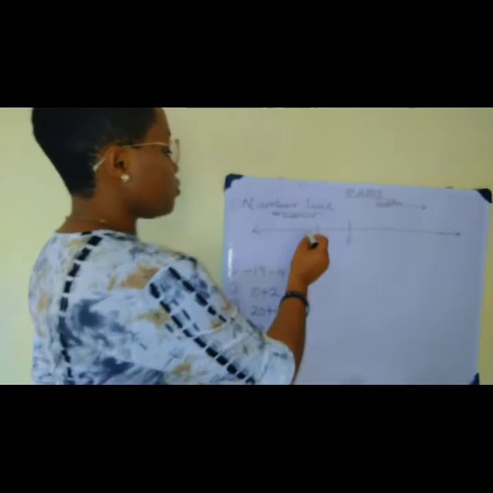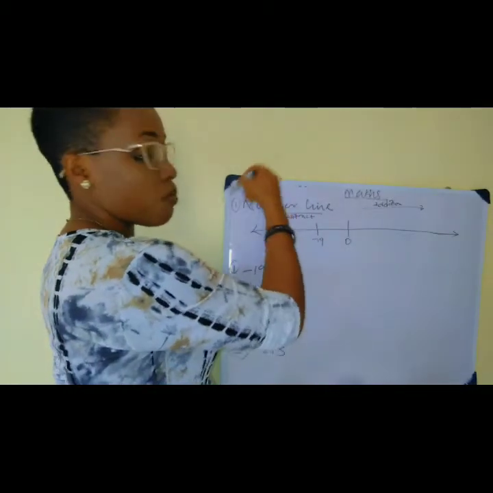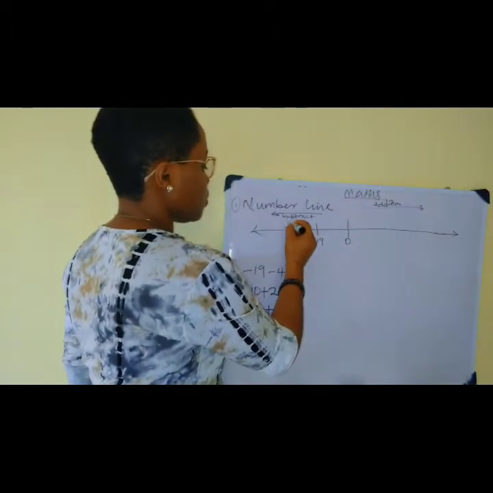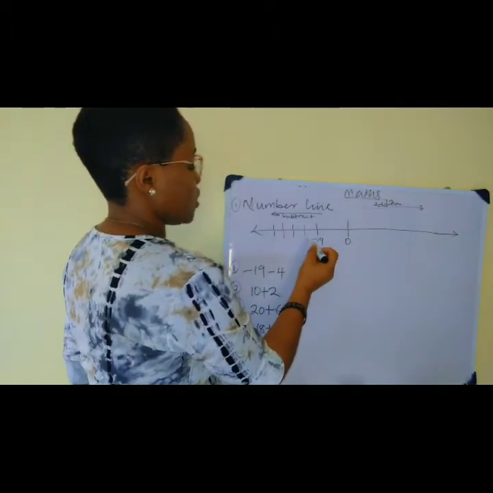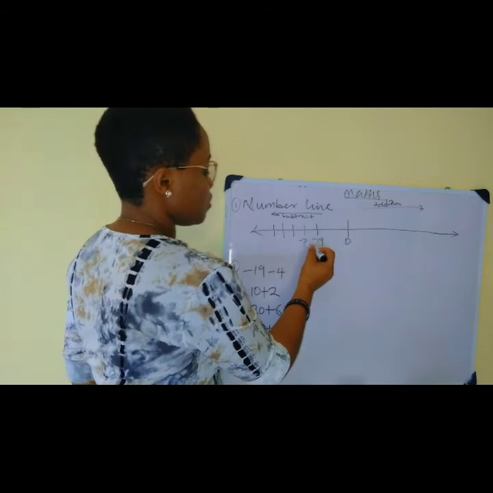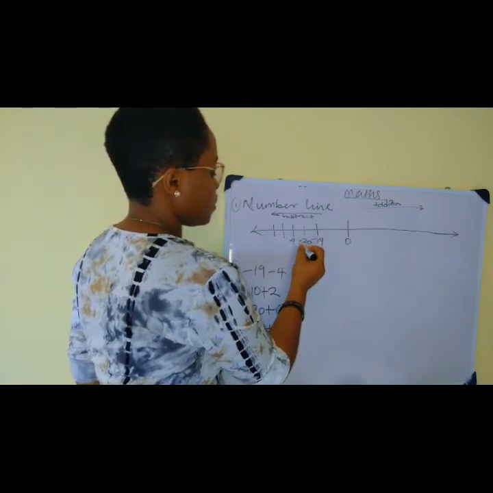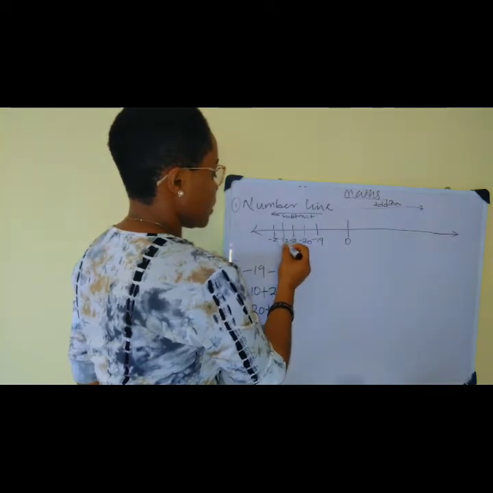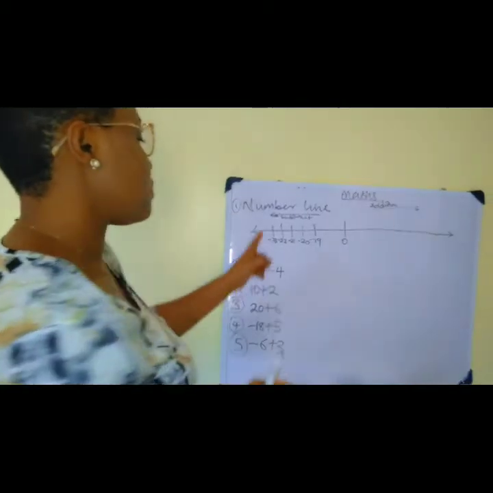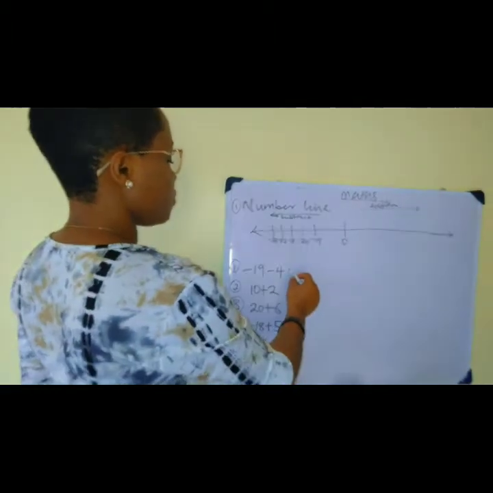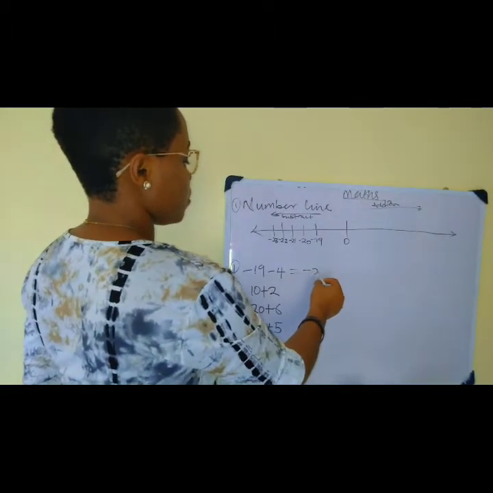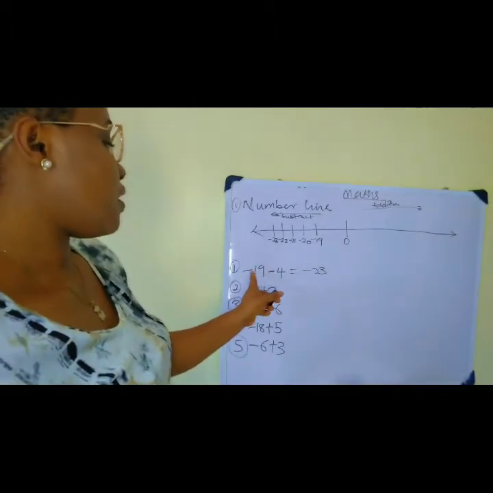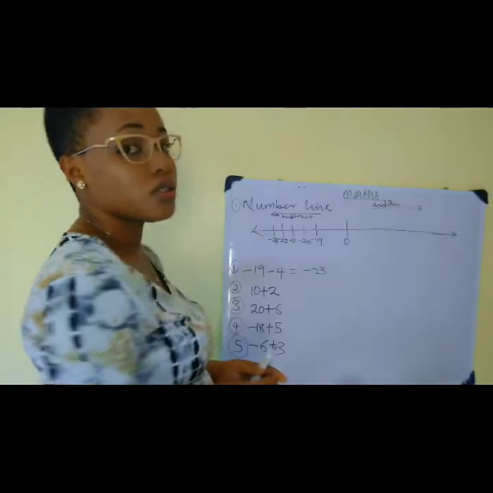So all you have to do is count 4 points to the left. So this is 1, 2, 3, 4. So put in the values. This is negative 20, negative 21, negative 22, negative 23. So you see, the fourth point is negative 23. So that's how you solve questions like this using the number line.